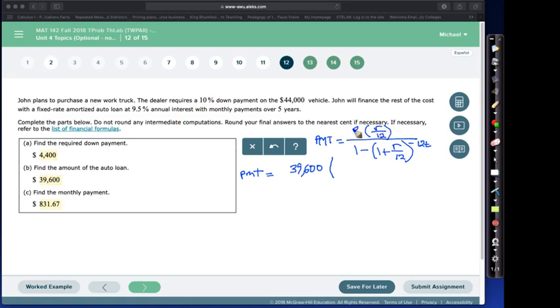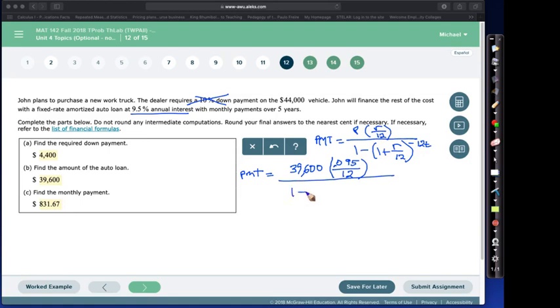Now, the rate, you want to be careful. This 10% is a down payment. It's not the interest rate. 9.5 is. So we want to enter in 0.095 all over 12, which is 12 months in a year. And then the bottom, there's this big fraction.